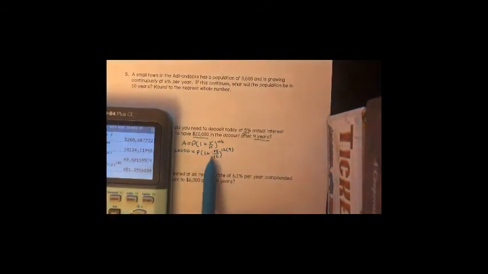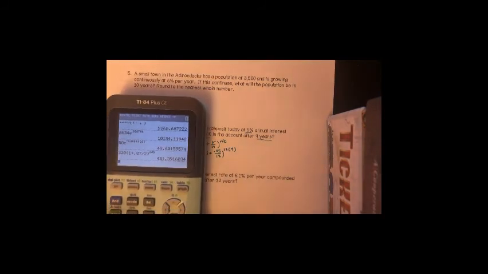The nice thing about this problem is that all this after P is just a number. We can figure out what number that is on our calculator. So that's what I'm going to do first. I'm going to evaluate just this 1 plus whatever. So I'll go to my calculator, I'll do parentheses, 1 plus 0.05 divided by 12, raised to the 12 times 9.